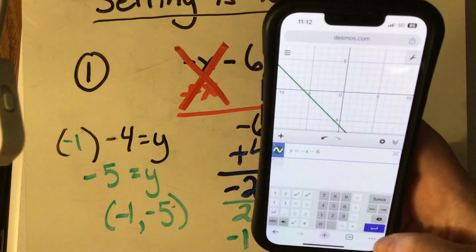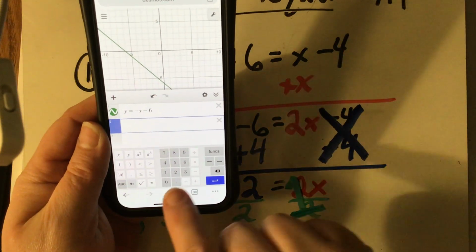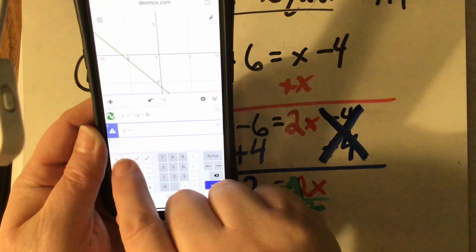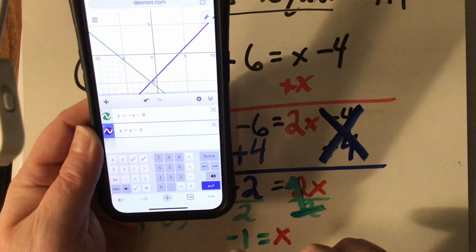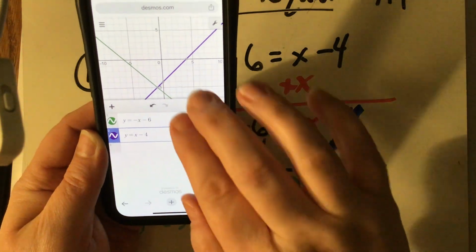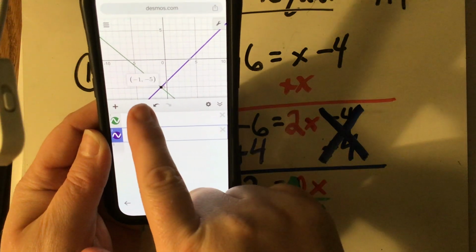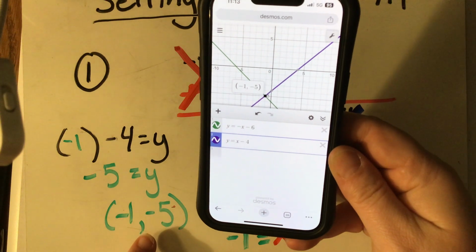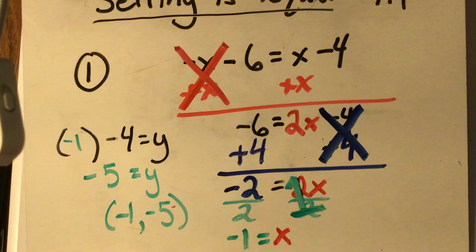Now I'm going to do the next one. This problem. y equals x minus 4. Okay, and then right there, see that point where they meet? Right here, -1, -5. And wouldn't you know, that's the answer that I came up with. So now I know my answer is correct.